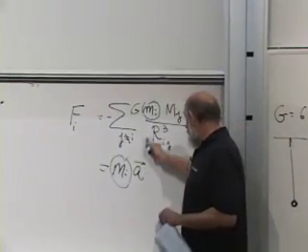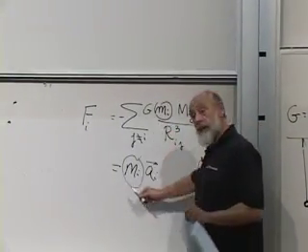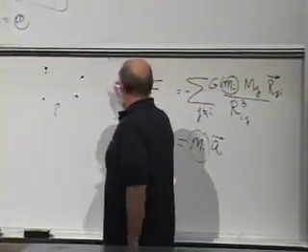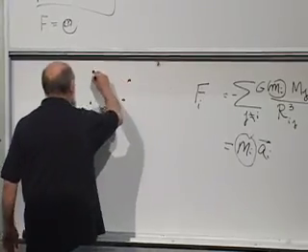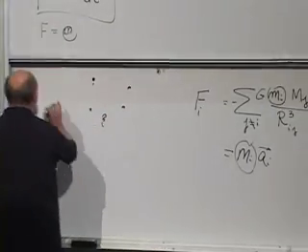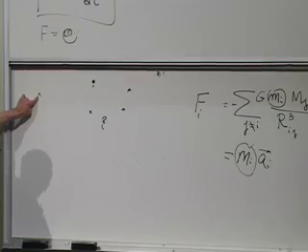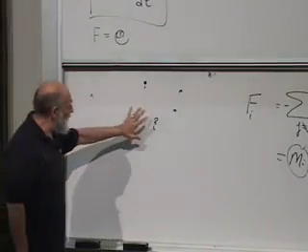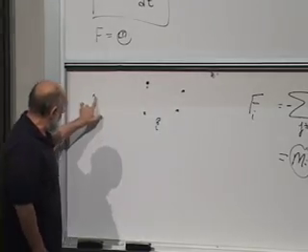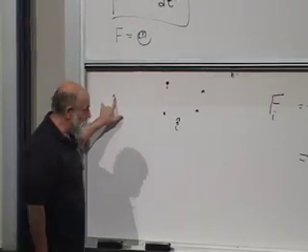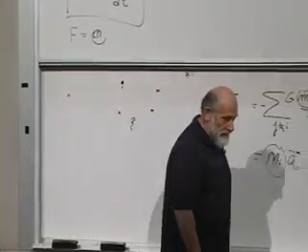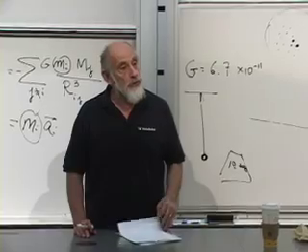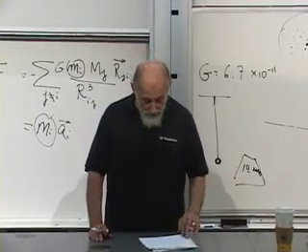So if we had a whole bunch of particles here, and we added one more over here, its motion would not depend on the mass of that particle. Okay, that's, again, the equivalence principle: the motion of a particle doesn't depend on its mass.